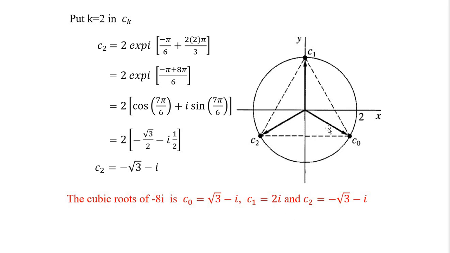Now we plot these points in the complex plane. What is C0? Root 3 comma minus 1, which lies in the fourth quadrant. Next, 0 comma 2, which lies in the first quadrant. This is the x axis, y axis. X is 0, y is 2. And the third one is minus root 3 comma minus 1, which lies in the third quadrant.